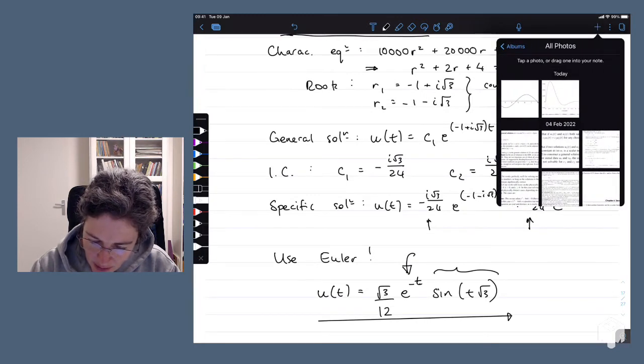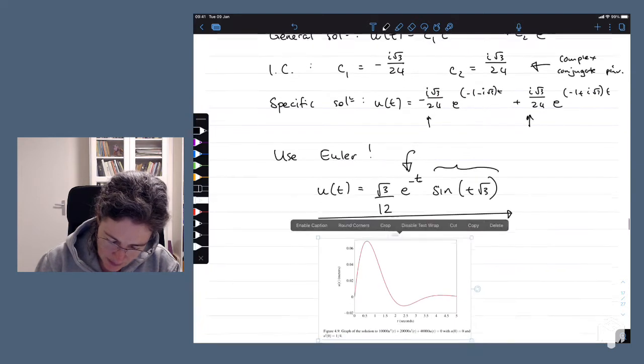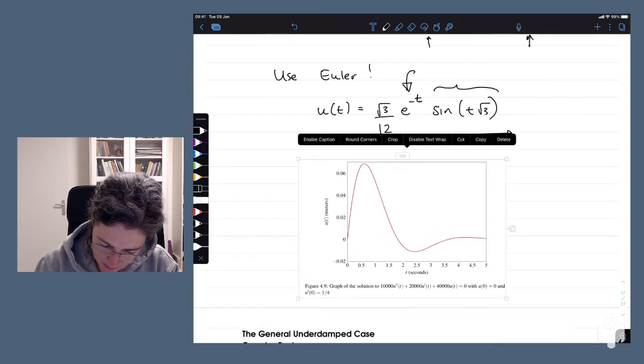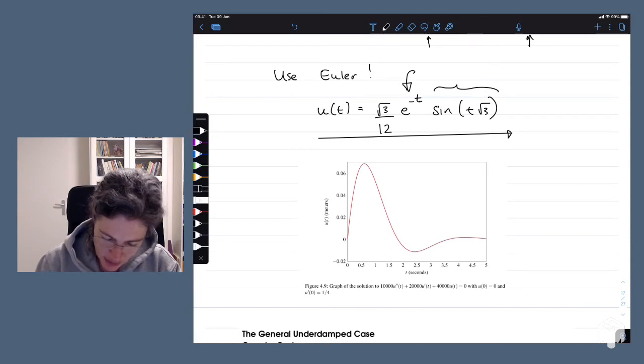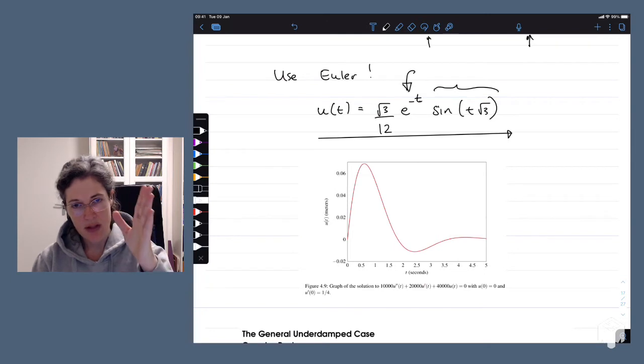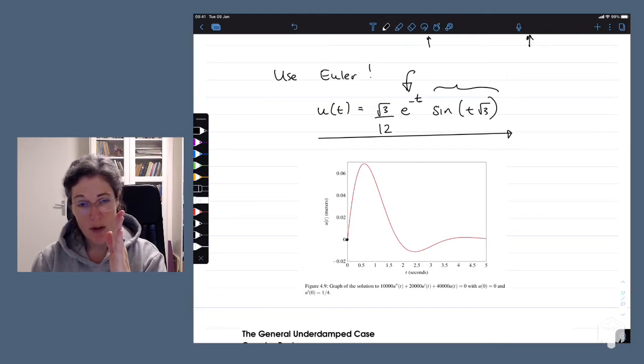So if we grab the picture from the textbook, what this solution looks like is this. So think about what our building did. There was a sudden gust of wind for our skyscraper and it got pushed out of equilibrium. So it started at equilibrium. Remember, equilibrium is 0.